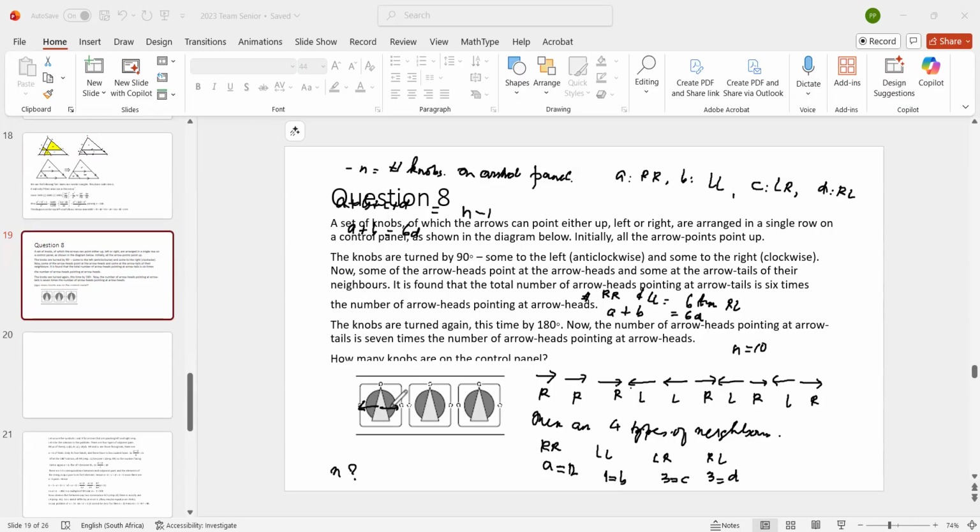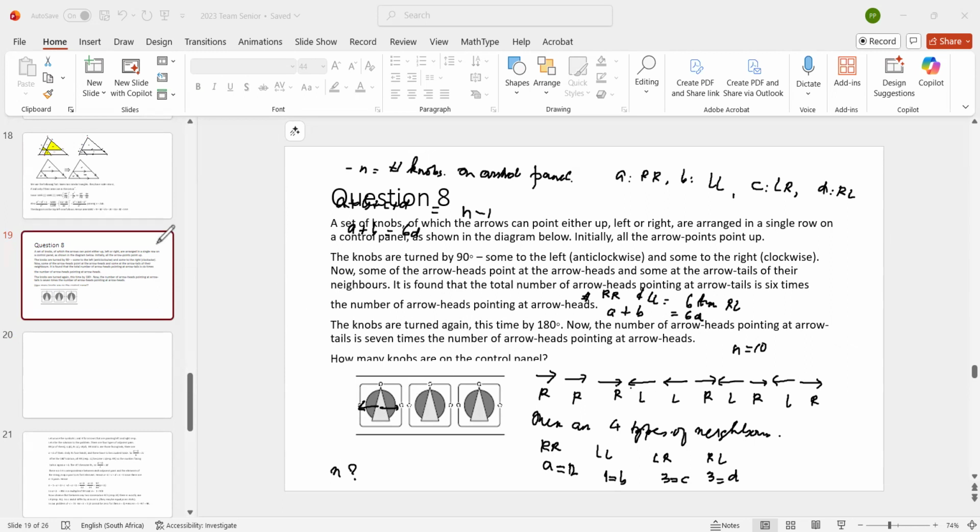The L changes to R, and the R changes to L. Right? Now, this time when you do that, the number of arrowheads pointing at the arrow tails is 7 times the number of arrowheads pointing to. Right. So let's just have a look at that.